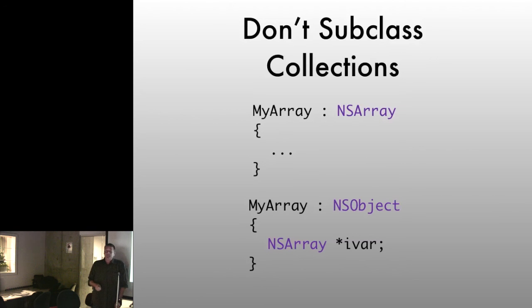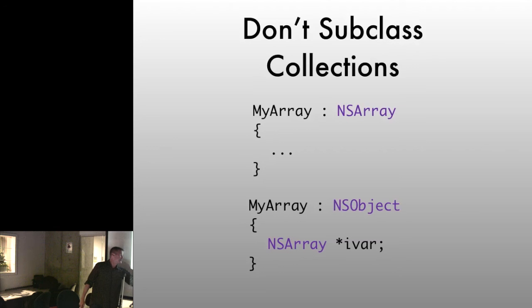So the obvious way to do this is to have your class include an instance variable of that collection type, and then you can add whatever methods you need to modify your collection.